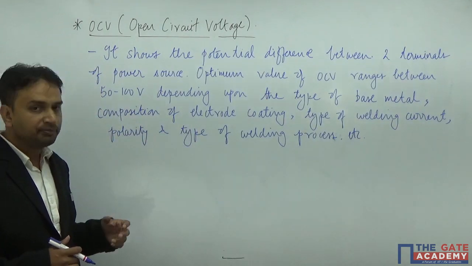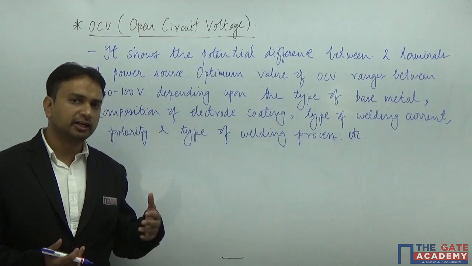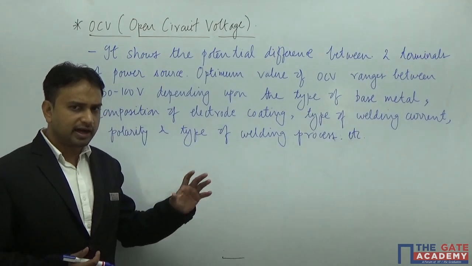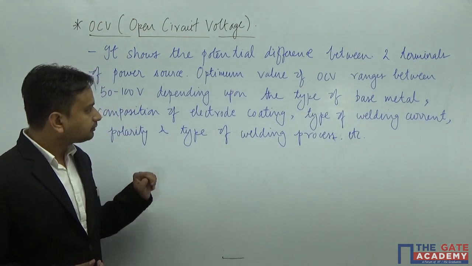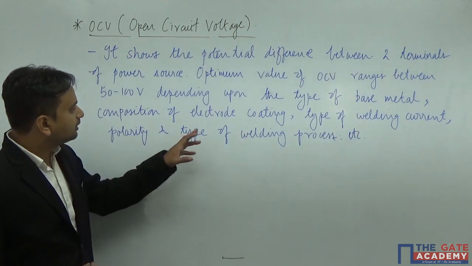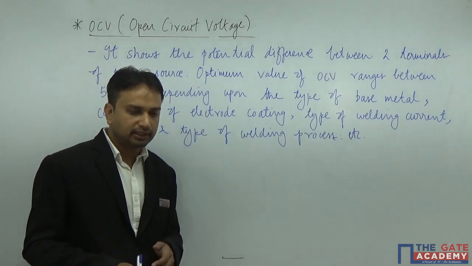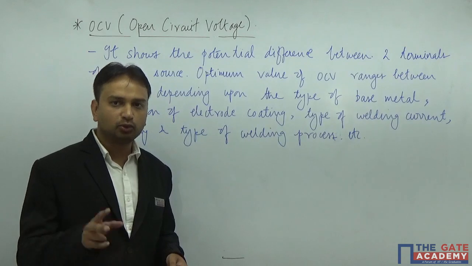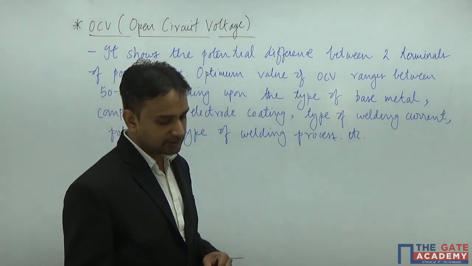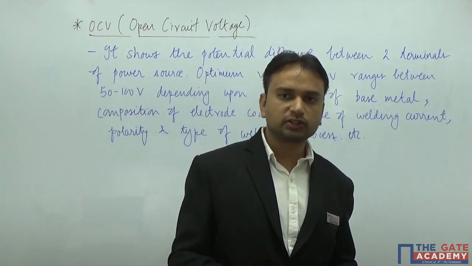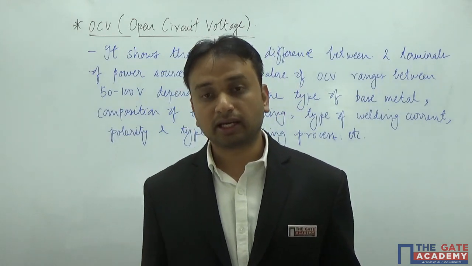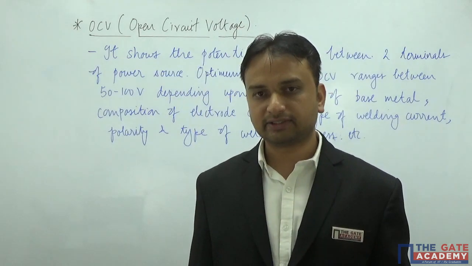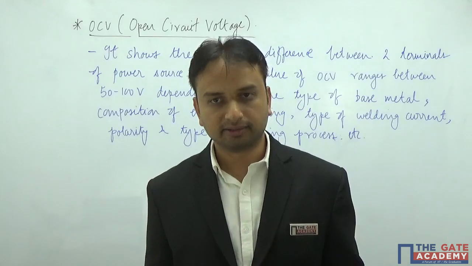composition of the electrode coating. Now, how this composition of electrode coating can help in varying the OCV, let me tell you. As you know, there are two kinds of electrodes: consumable and non-consumable. In consumable also there are two categories: coated and bare electrode.